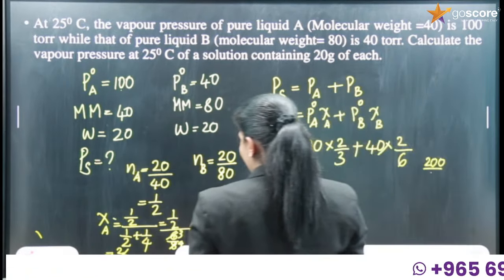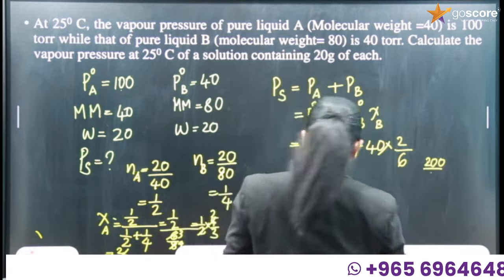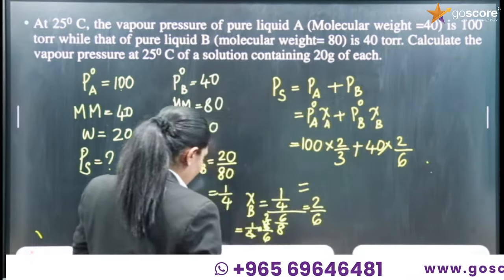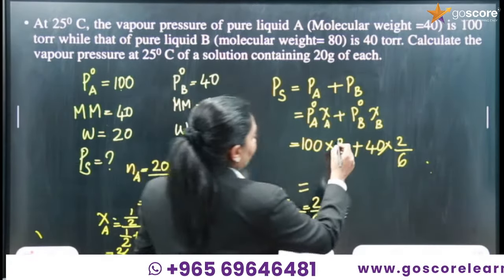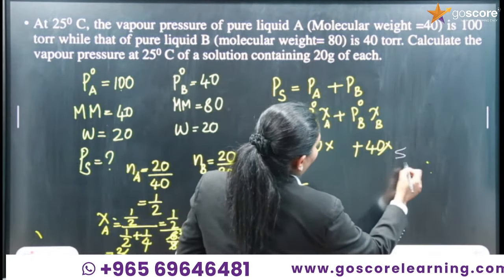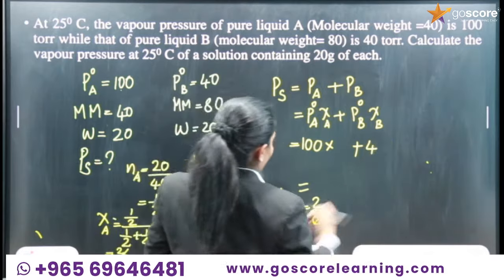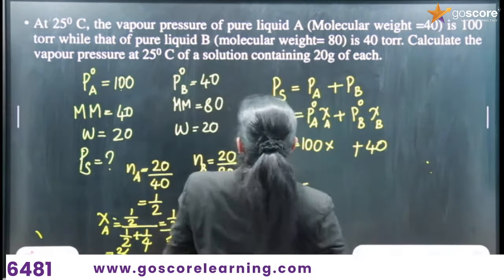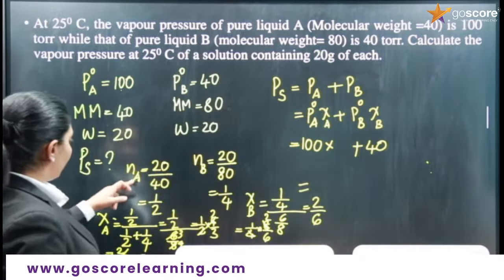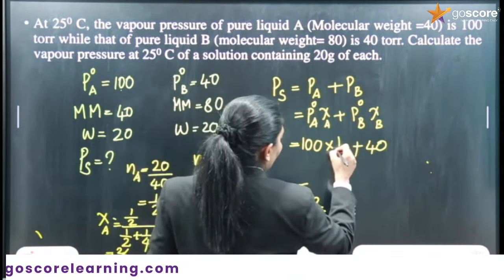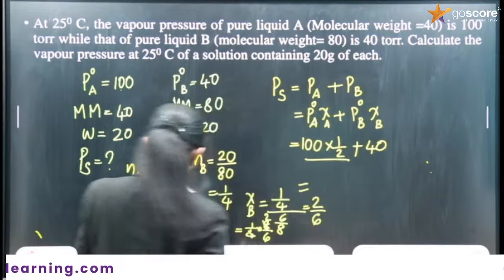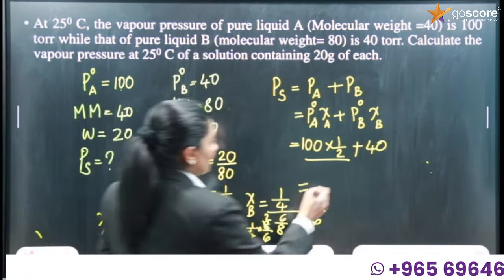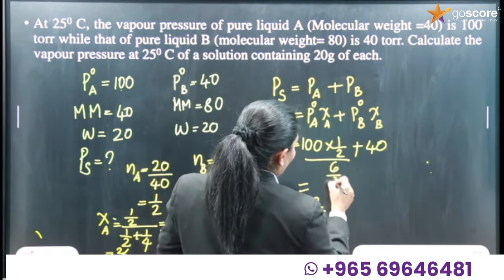Or else we can do one thing, we can simply take this. See, here we can simply take, without taking the mole fraction, we can give the values of Na by Nb. Into Na, what did we get? It is 1 by 2 whole divided by Na plus Nb, we got it as 6 by 8, right?